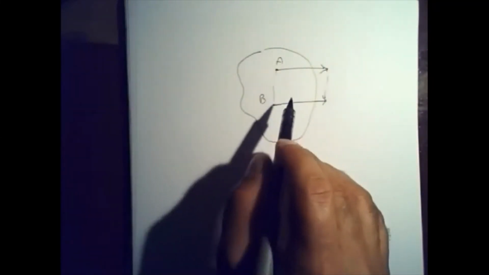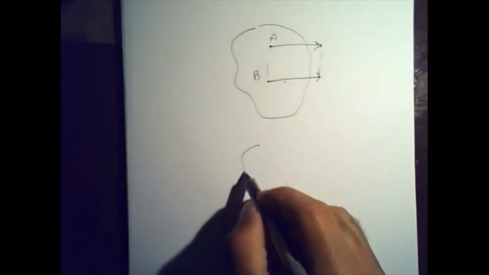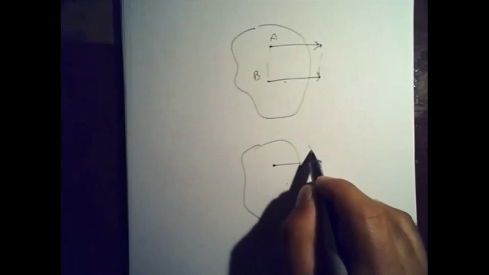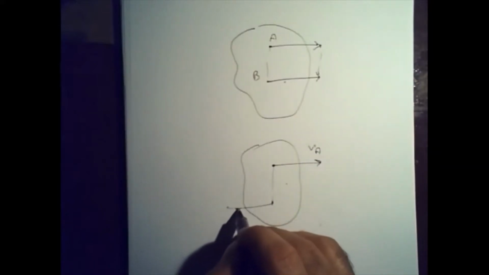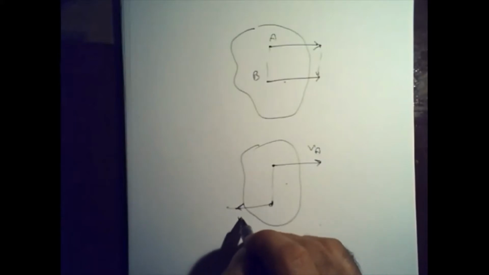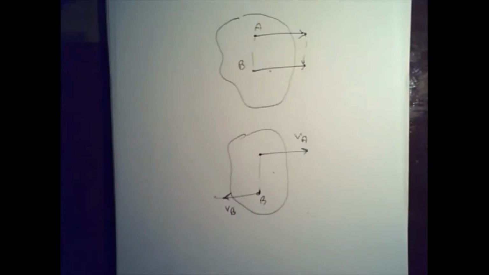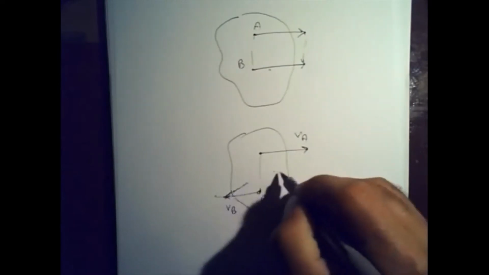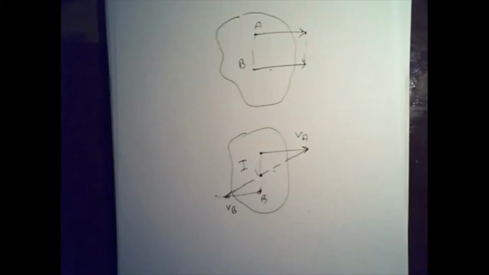There are a couple of exceptions to this situation. If a rigid body is here, and VA is like that, and VB is in the opposite direction to VA, then, and this is an exception, to get the location of the instantaneous center of rotation, you have to continue this and draw these two similar triangles, and then your instantaneous center of rotation is going to be here in the middle.